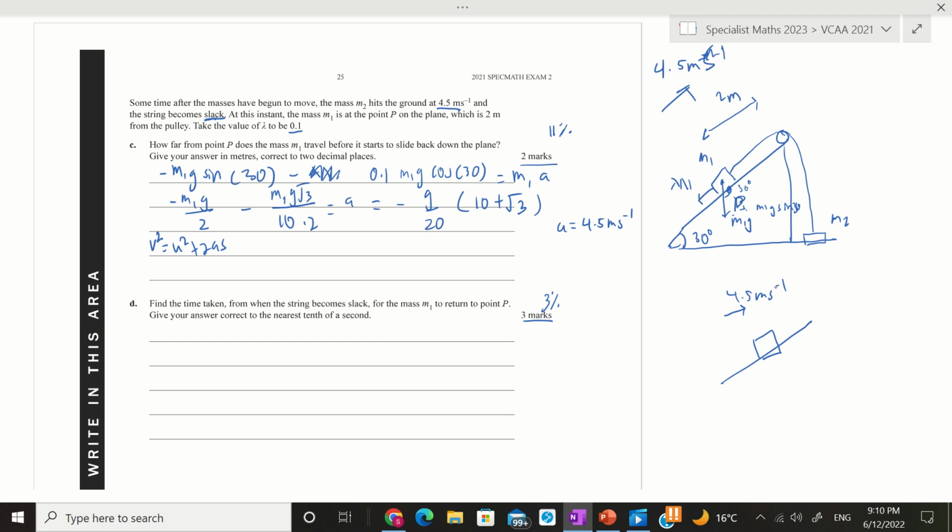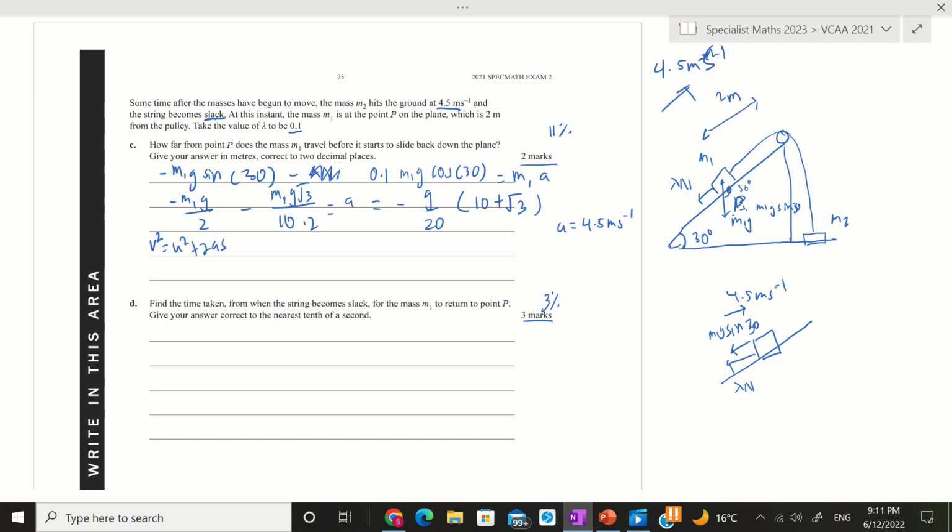But it's being resisted by these two forces: m1g sine 30, which is the weight force pulling it down the plane, and this friction force, which is mu N, right? So these two forces are pulling it down.